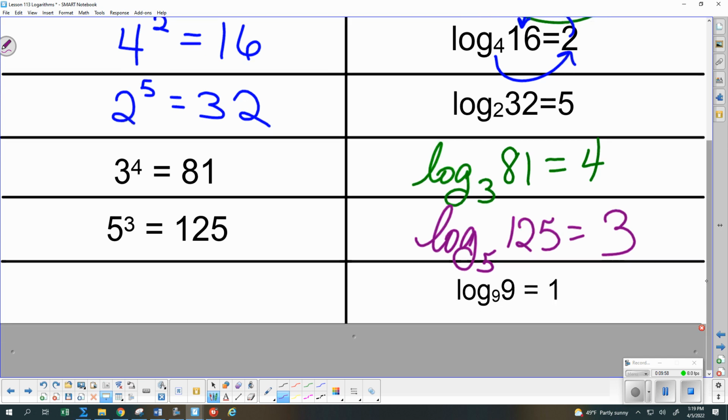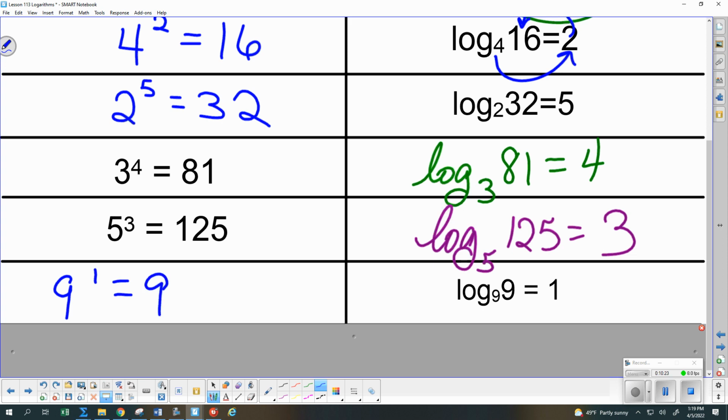My last two on this slide have something a little bit special that I want to start pointing out to you, and it'll sink in more as we see a bunch of these. Log base 9 of 9 is 1. Grazia, would you convert that one to exponential form for me? You guys believe that?